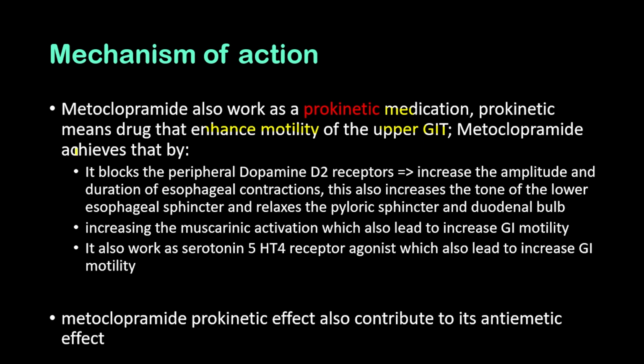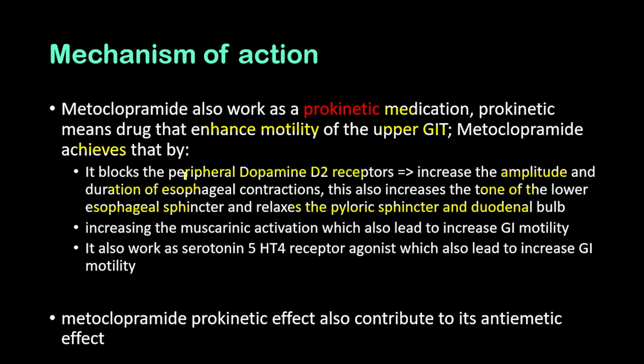And metoclopramide achieves that by blocking the peripheral dopamine D2 receptors in the esophagus and in the stomach, and this will lead to increasing the amplitude and the duration of the esophageal contractions, and this also increases the tone of the lower esophageal sphincter and relaxes the pyloric sphincter and duodenal bulb.